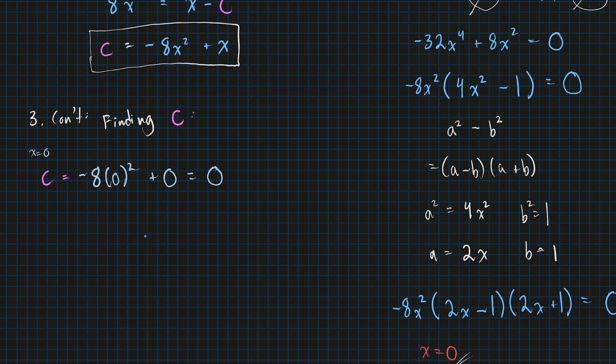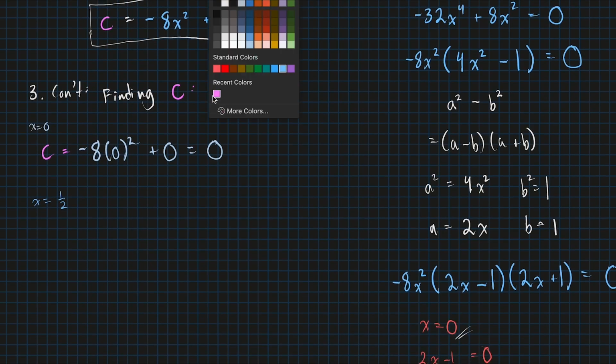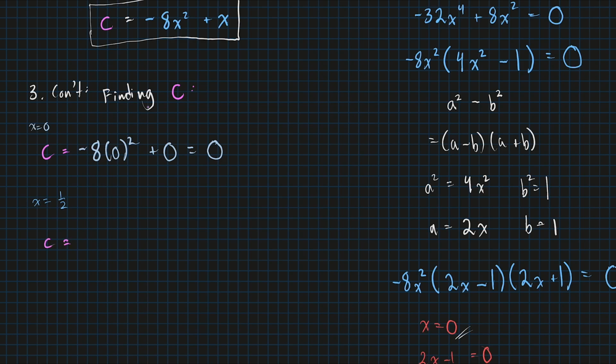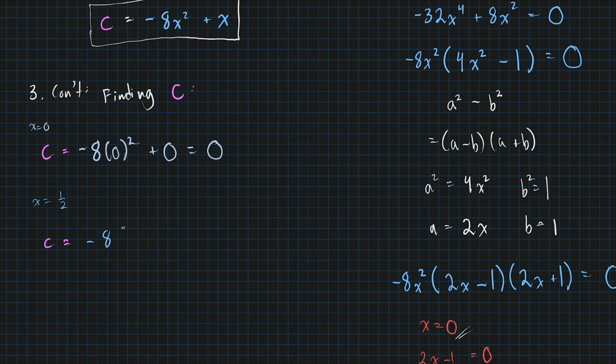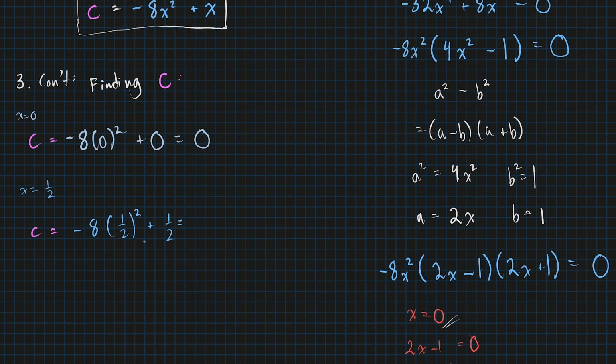Now for our next case, where x is equal to 1/2, we get that c is equal to negative 8 times 1/2 squared plus 1/2, and that 1/2 squared is 1 over 4.